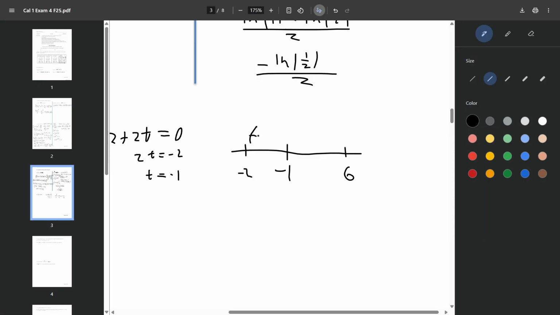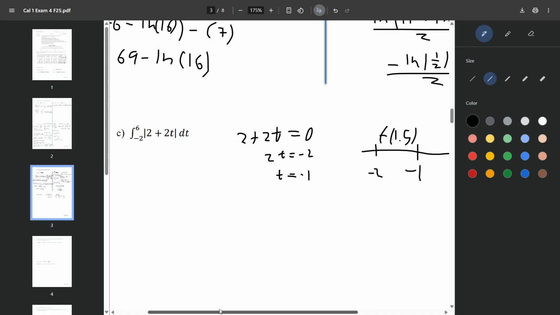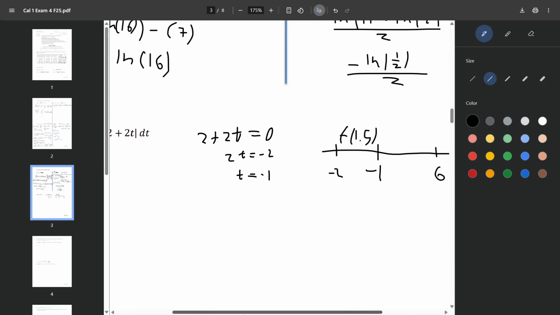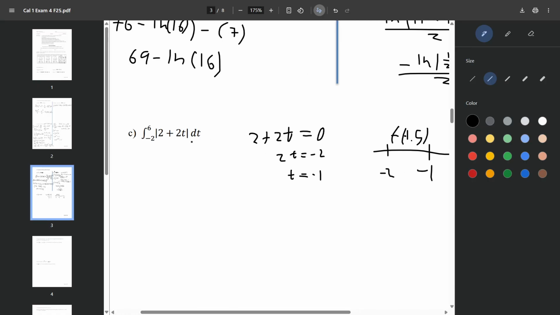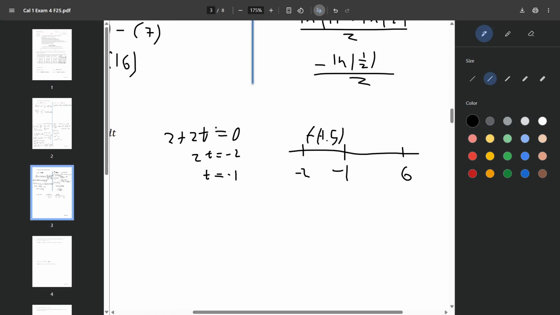So f of negative 1.5, not the prettiest number, but our value is going to be negative. If we put this inside 2 plus 2t, we'll see that our value is going to be negative for this equation.